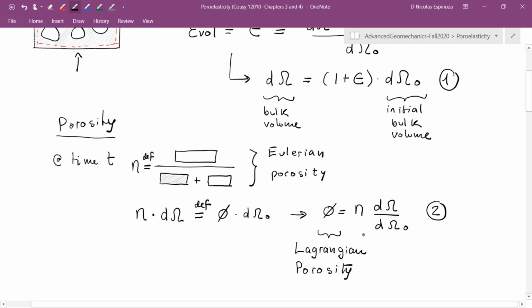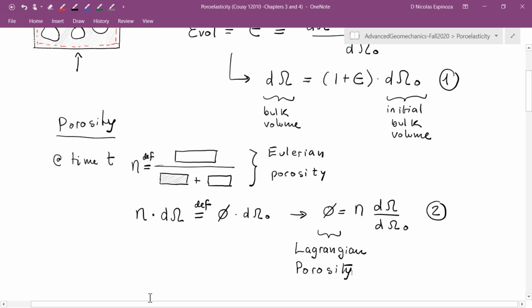It's more than just a geometric definition like the one of Eulerian porosity, but it's also linking that to the mechanical process and to this mathematical definition in which it is related also to time because it's related to the initial configuration.